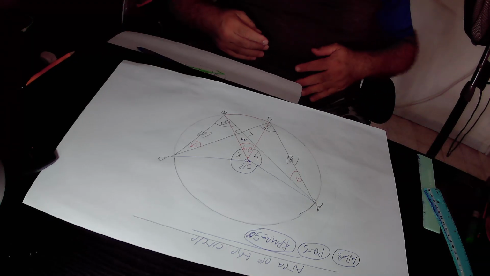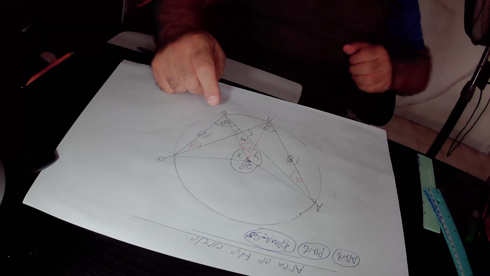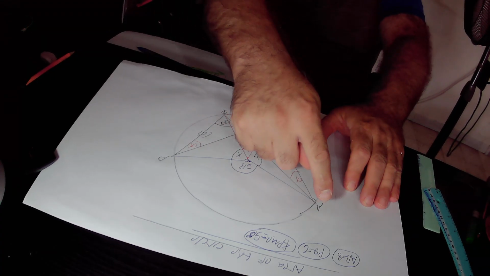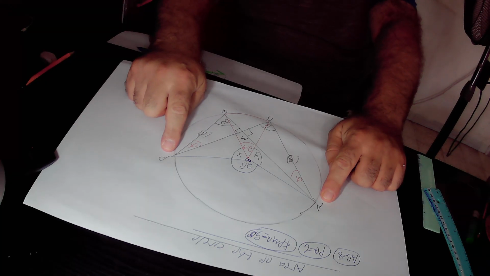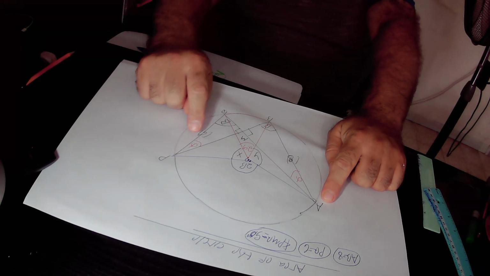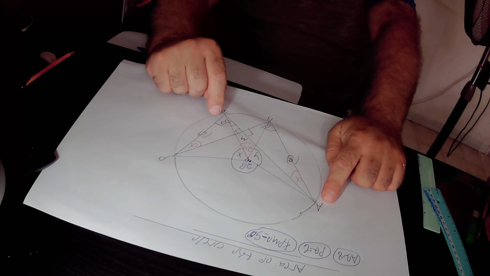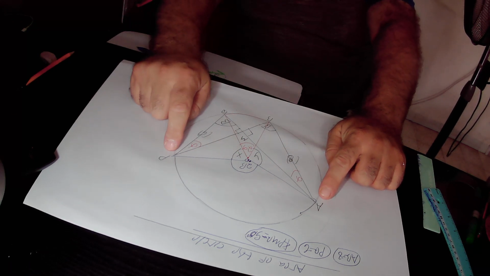So we can actually implement Rule 13 in our drawing. Because in our drawing we have peripheral angle AQP that subtends chord AP, and it is equal to beta, and therefore the central angle AOP, which is also subtended on the same arc AP, must be equal to 2 beta.